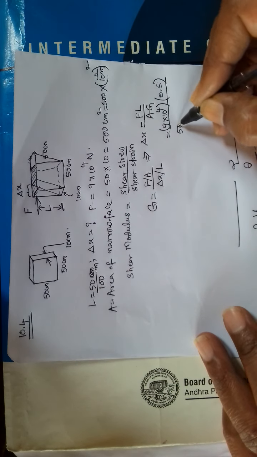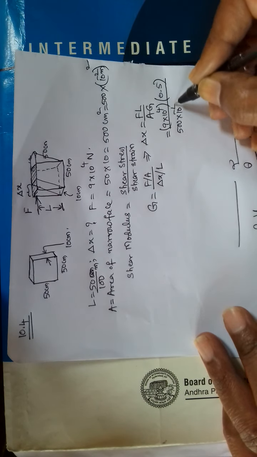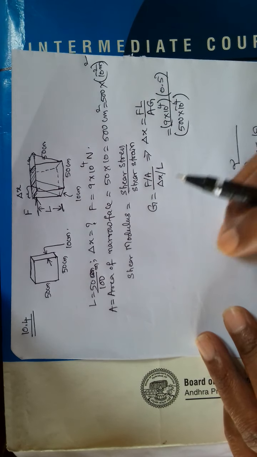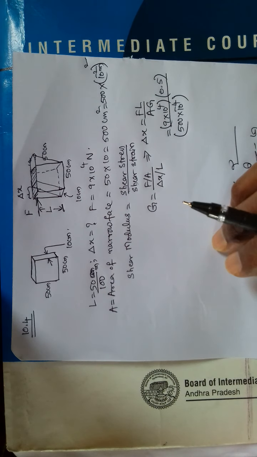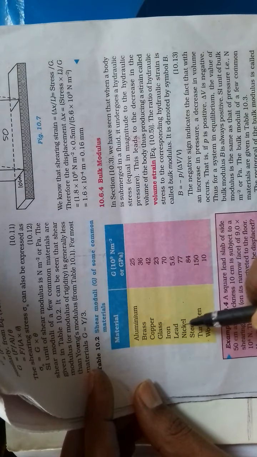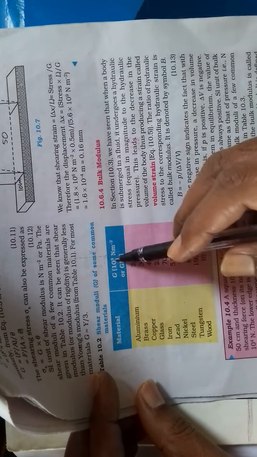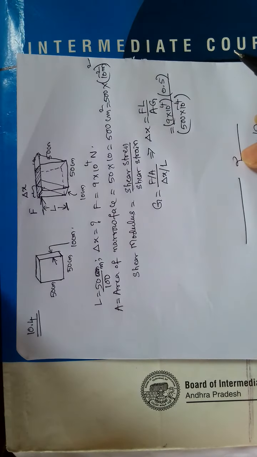So 500 into 10 power minus 4. G value, see 10.4. Which material is this one? Lead. Here in the table let us see where lead is. Lead is here, 5.6 into 10 power 9.